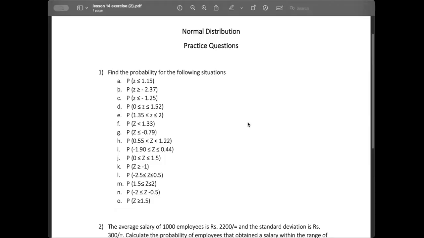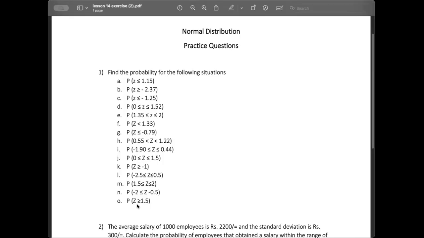For the first question, they have asked us to find all the values from the table itself, right? My advice is to first draw the curve and mark the region.